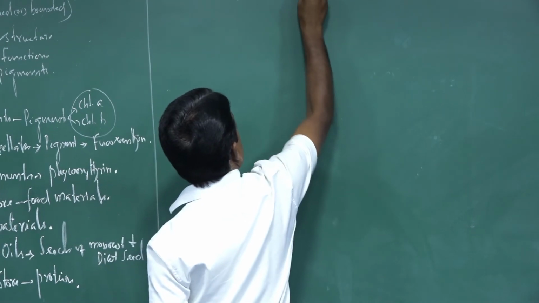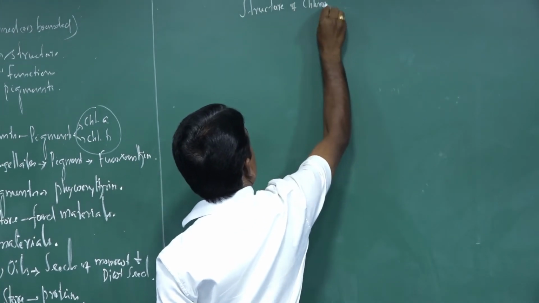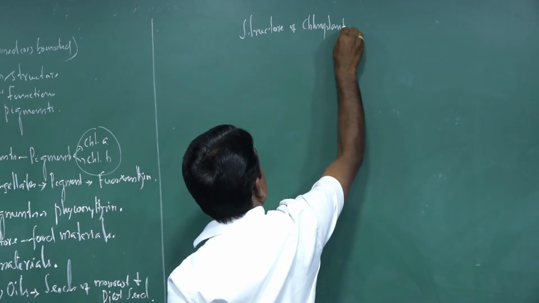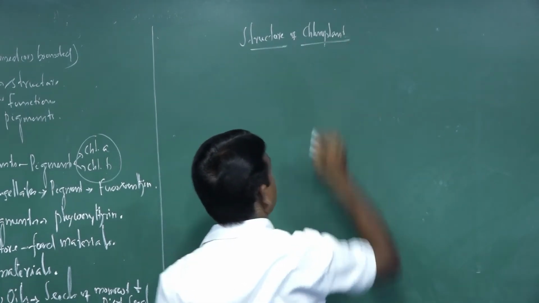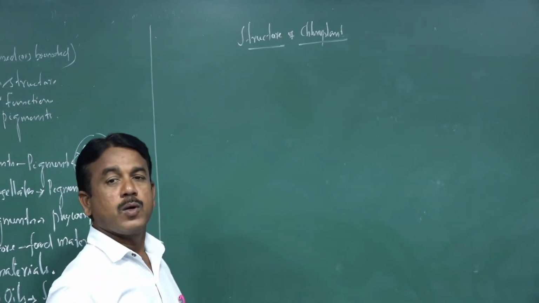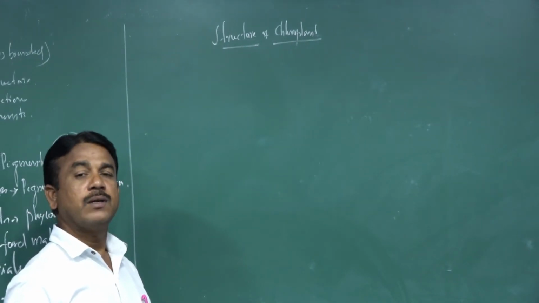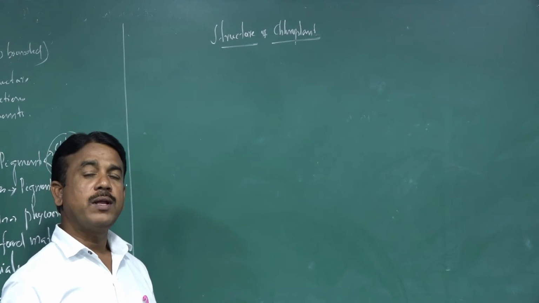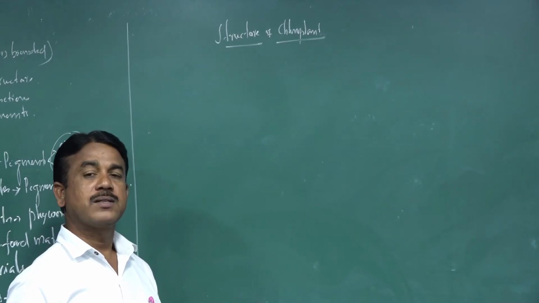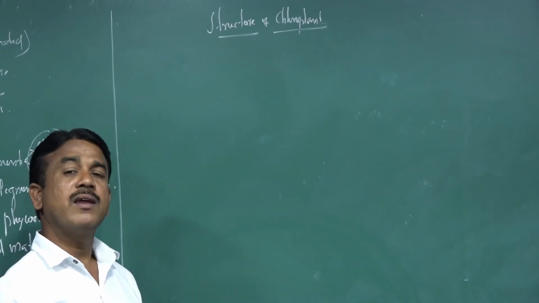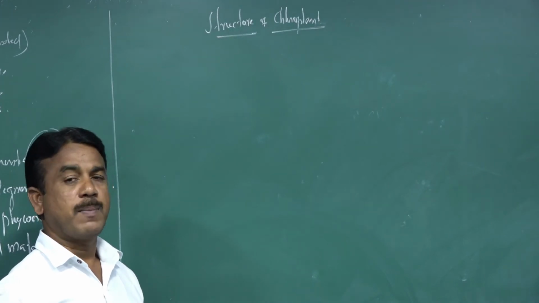Structure of chloroplast. Chloroplast is a vital organelle that is generally found in all green plants, whether green algae or higher plants.